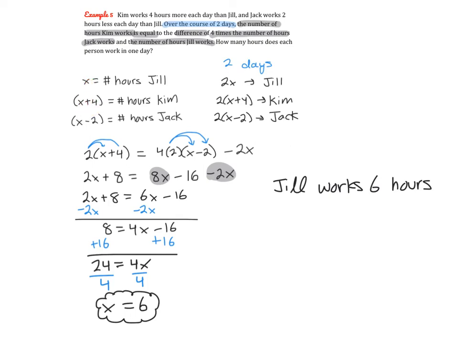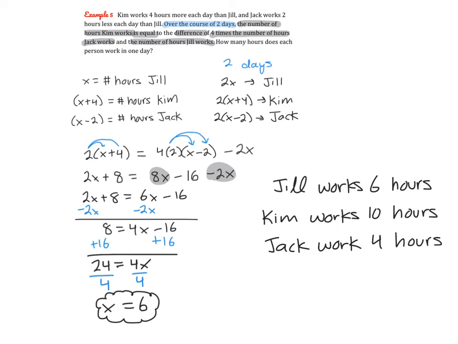So 6 plus 4 is 10. So Kim works 10 hours. And last, Jack is always going to work Jill's hours minus 2. So Jack works 4 hours. And now we have our complete answer.